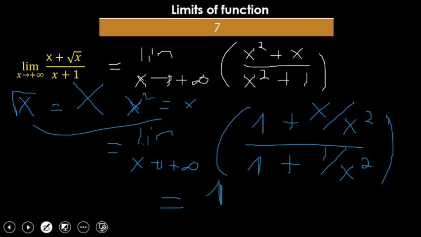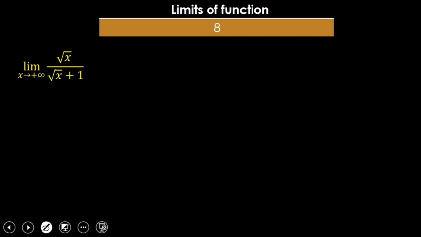In the next question, you have the limit as x tends to plus infinity of root x all over root x plus 1. You can just divide all through by root x.